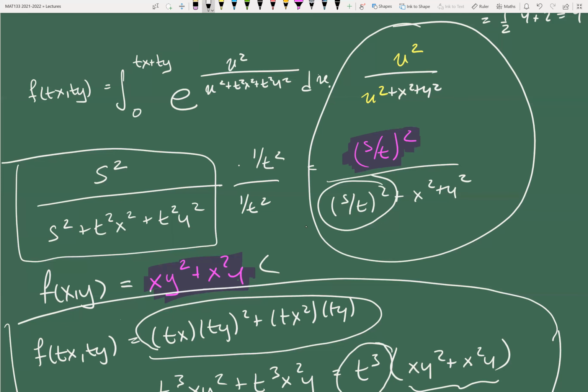And then the upper limit changes. Let's see. Yes, which is what you want, right, Ariana? Because you just want that to be x plus y again.